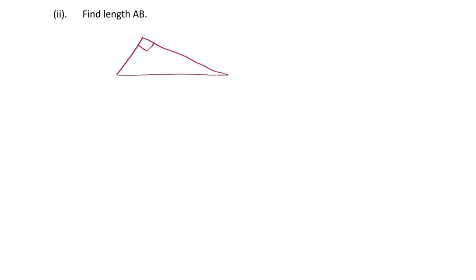Here is A, here is B, and here is C. Here is 60, and here is 10 centimeters. Now let us recall the cosine formula, which says cos theta equals adjacent side, in our case side AB, over hypotenuse side, in our case side BC.